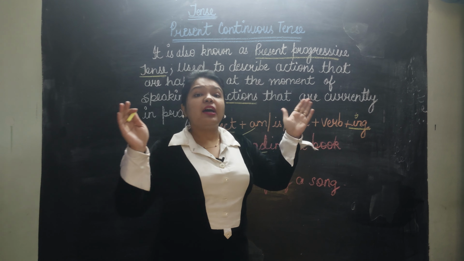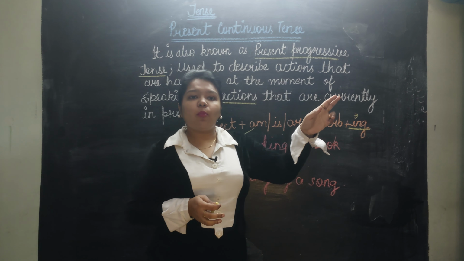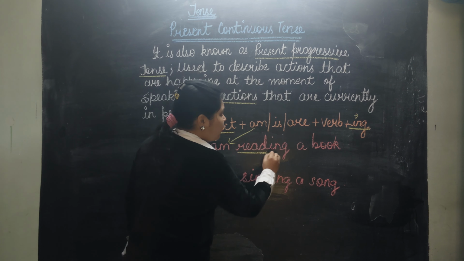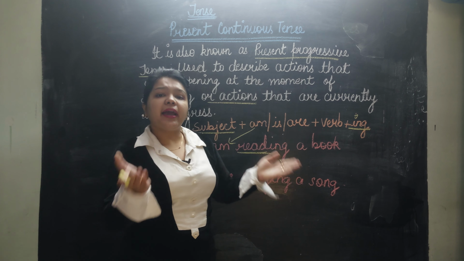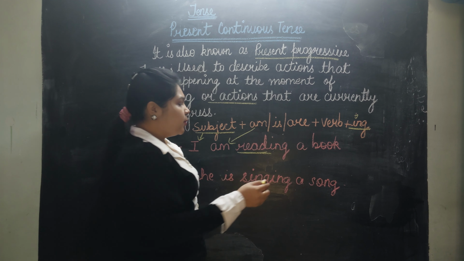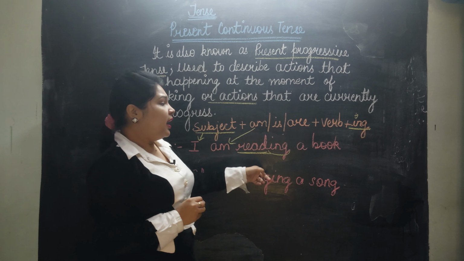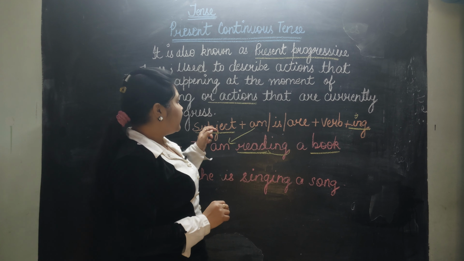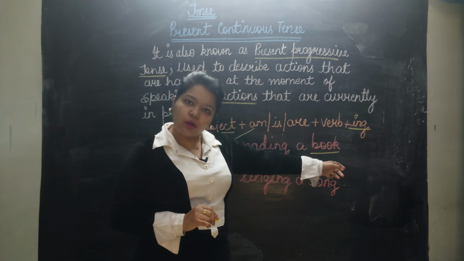If anybody asks you what is verb, just remember it in your mind: verb is an action word. So, this is the verb. What am I doing? I am reading. I am doing some action. That is a verb, plus ing. A book. Book is an object. Got it? Subject is I, am reading a book.